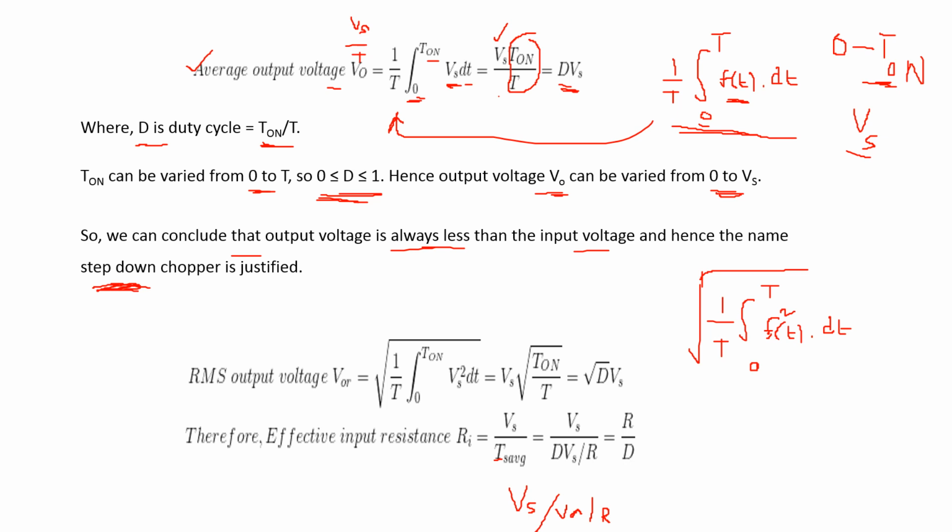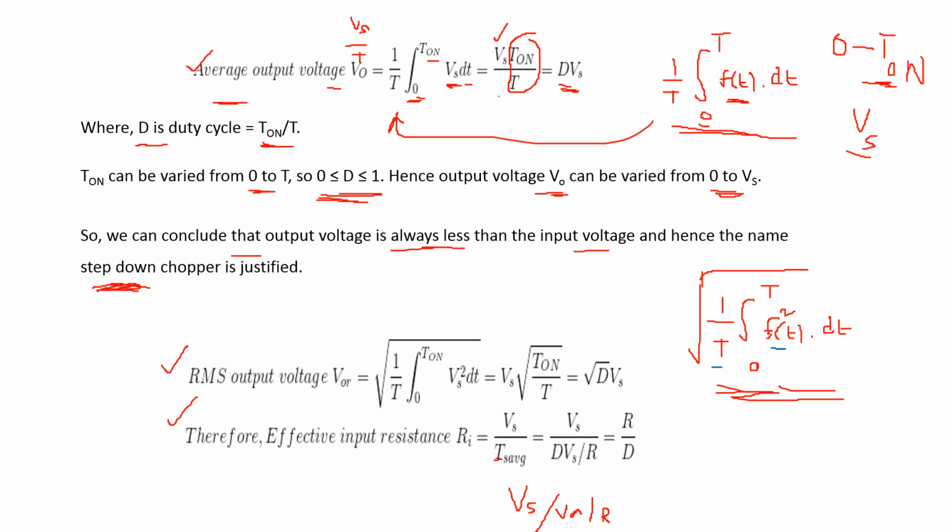This is the formula for average output voltage. Similarly, we are going to derive the formula for RMS output voltage as well as effective input resistance. We know the formula for finding the RMS value, that is square root of 1 by T into integral 0 to T of f of t square into dt. Here also T is the time period and f of t is the function.